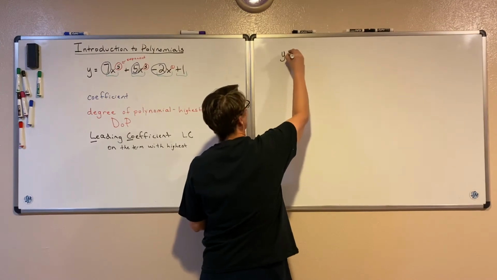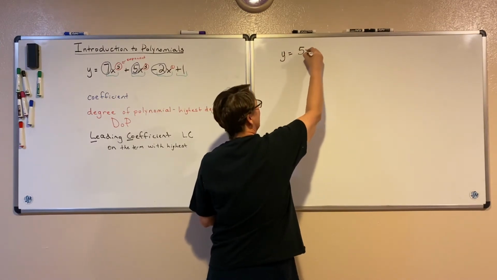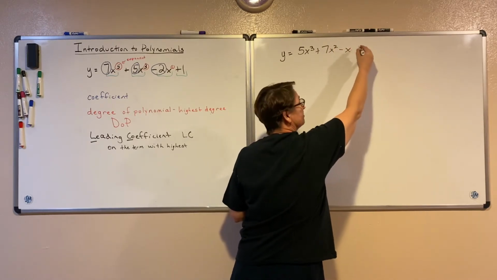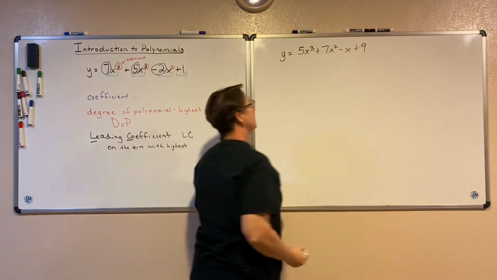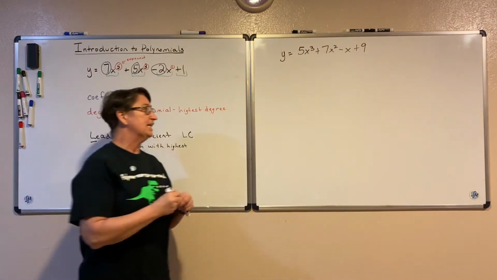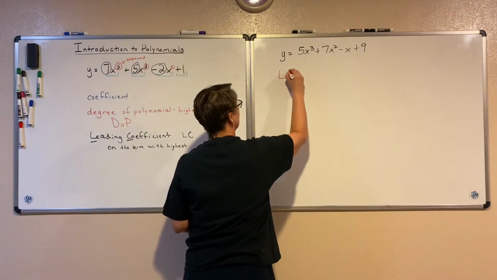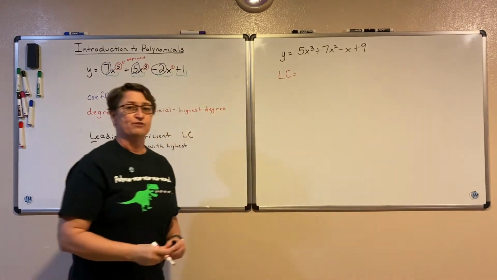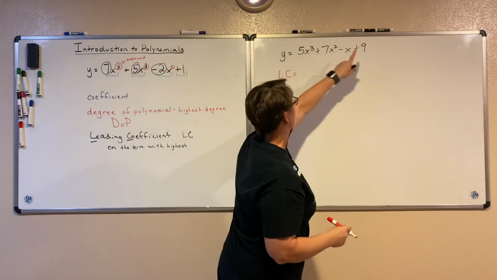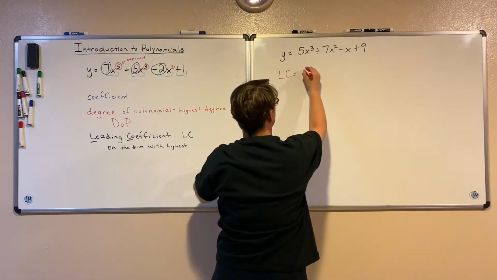Here we have y equals 5x cubed plus 7x squared minus x plus 9. First, let's find the leading coefficient. Remember, the leading coefficient is on the term with the highest degree. So our leading coefficient here is 5.